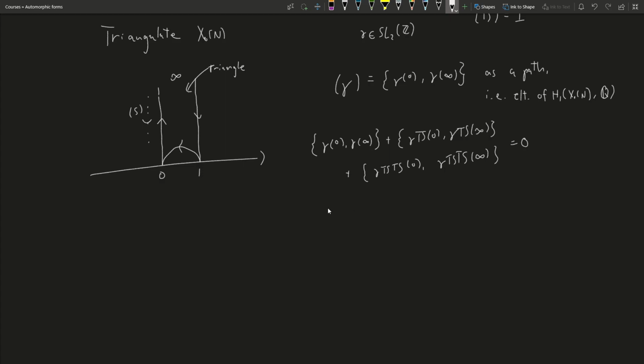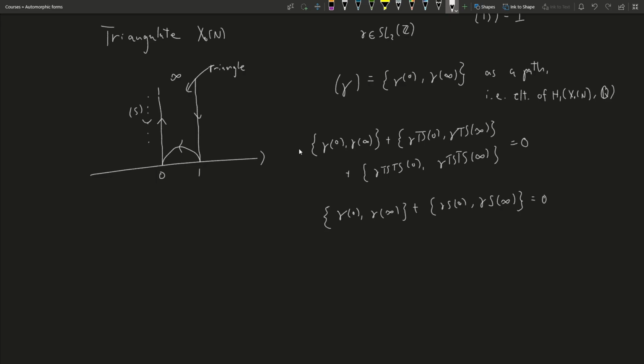And then we also have the following relation, that if you have the path gamma 0 to gamma infinity plus gamma S 0 to gamma S infinity, that's 0, because that's just going up one of these and then coming right back down.